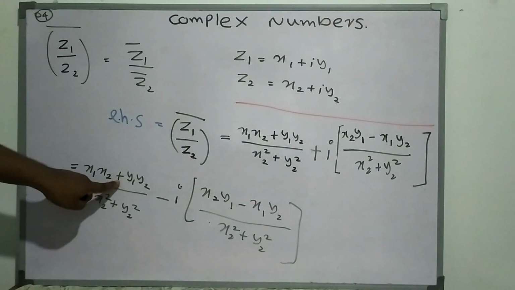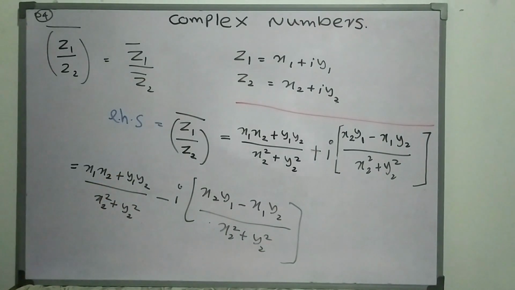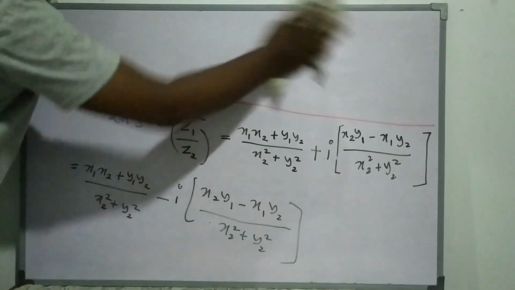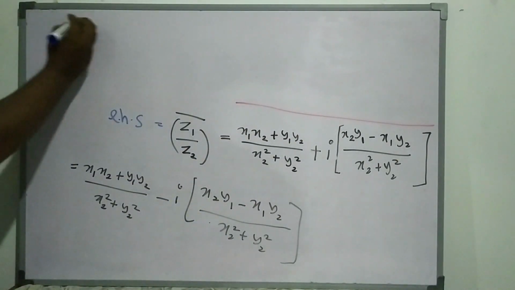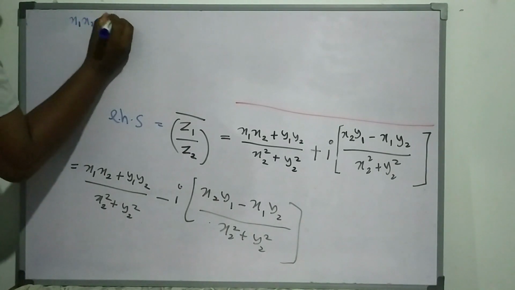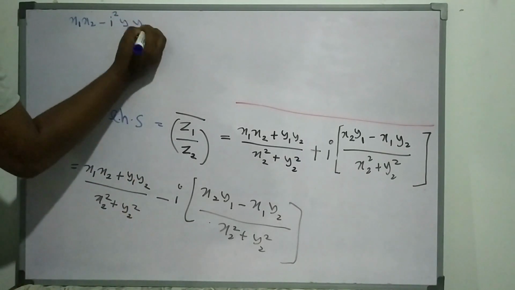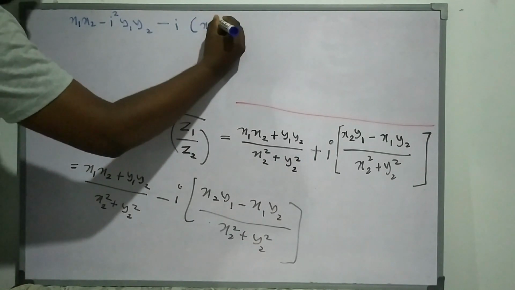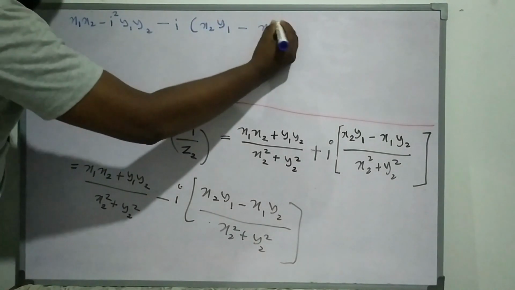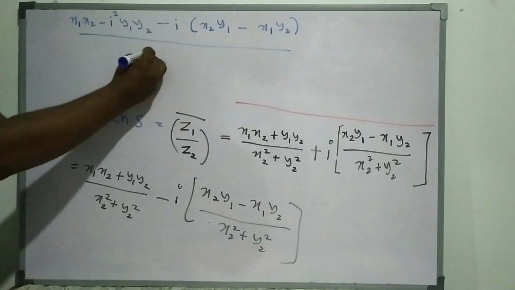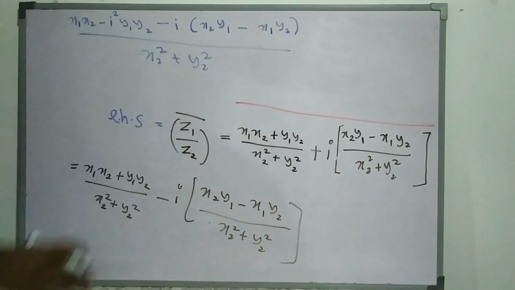So I am again removing this plus sign and putting minus i squared. It will then be (x1 x2 minus i squared y1 y2 minus i (x2 y1 minus x1 y2)), and the denominator is x2 squared plus y2 squared.